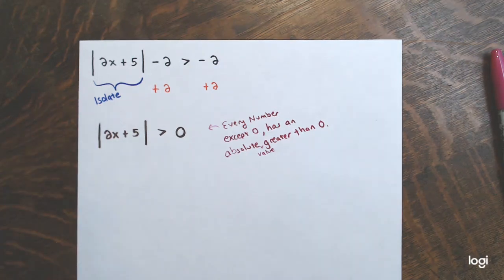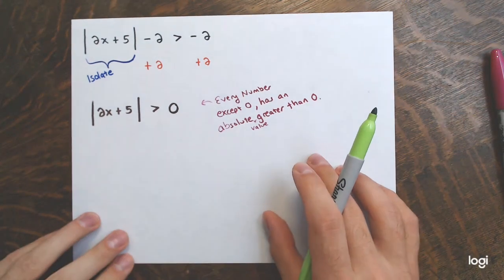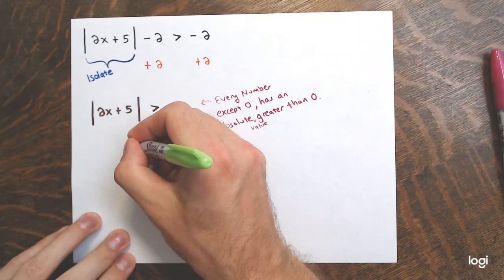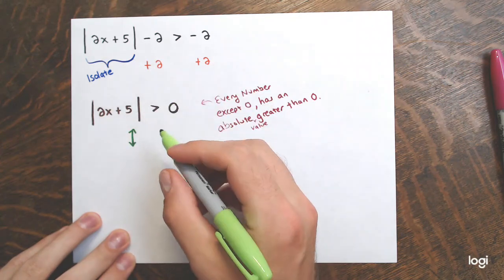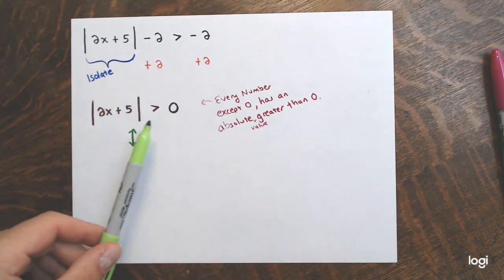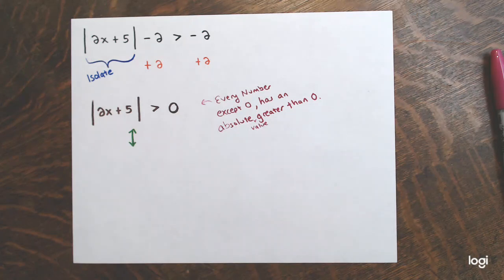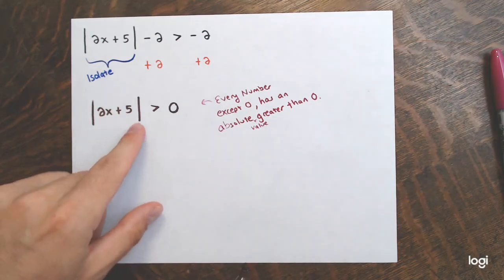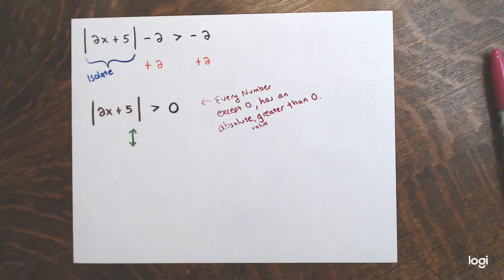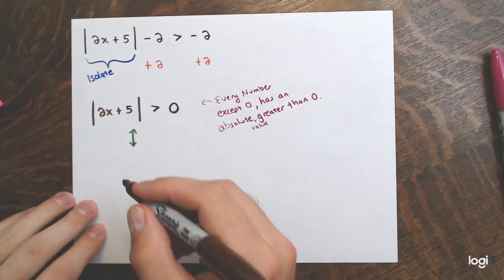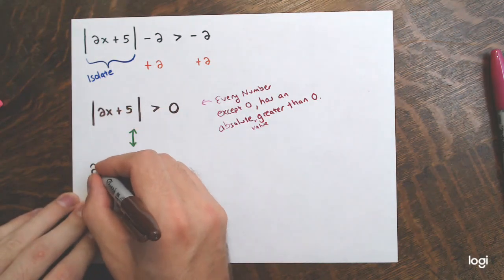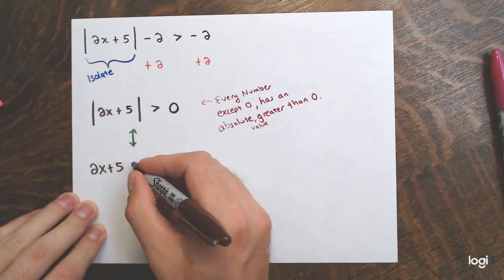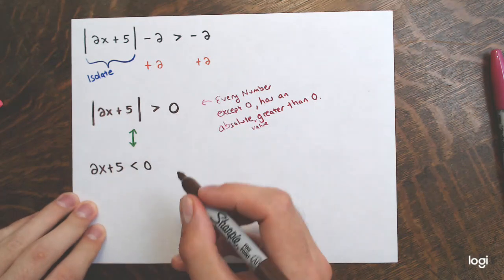All right, so what's the equivalent compound inequality involving the word or? This absolute value of 2x plus 5 greater than 0 is equivalent to, well, what numbers have an absolute value greater than 0? Every number but 0. So every number to the left of 0, so this 2x plus 5 could be less than 0.